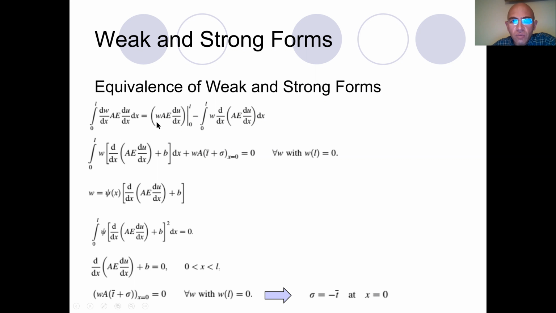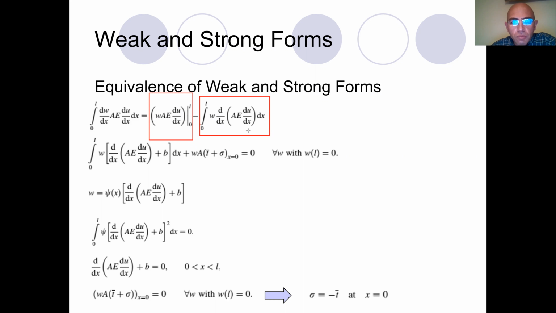As you see, we have the boundary terms here, and an integral which covers the domain. This is okay, and of course from here I can easily say that this term is equal to B.